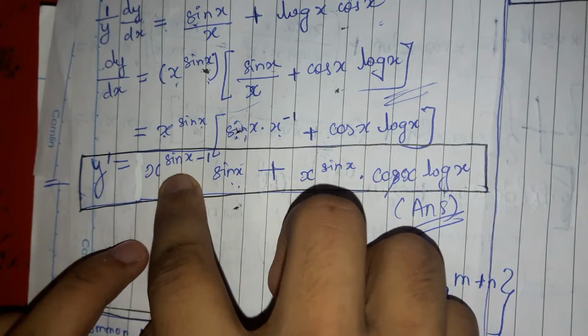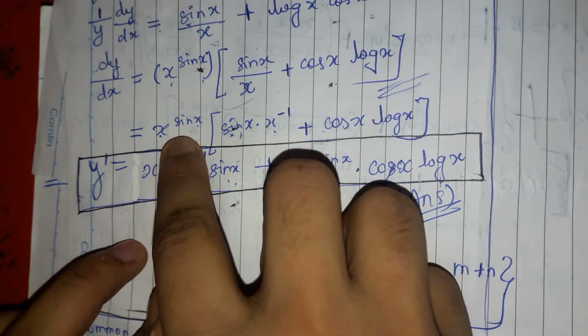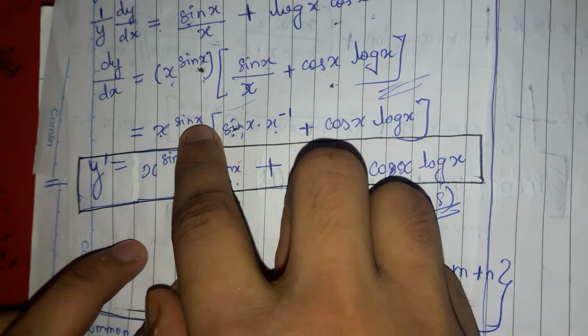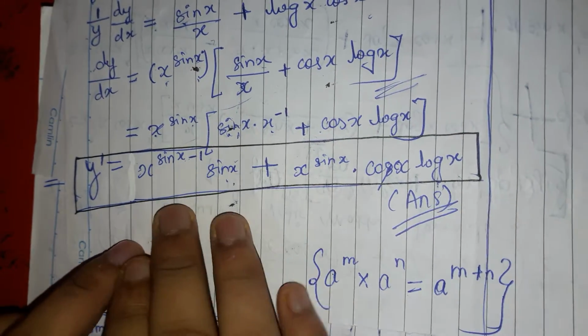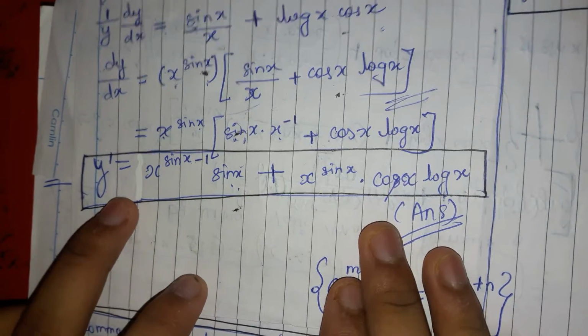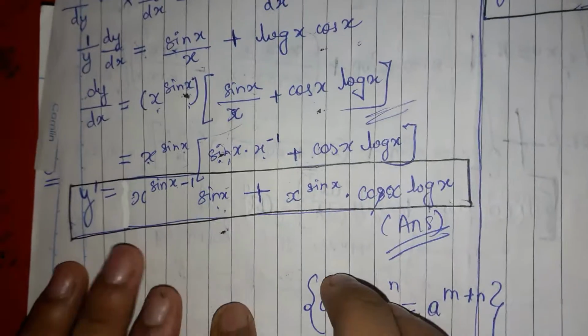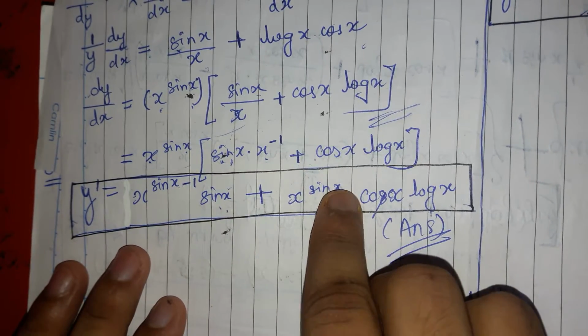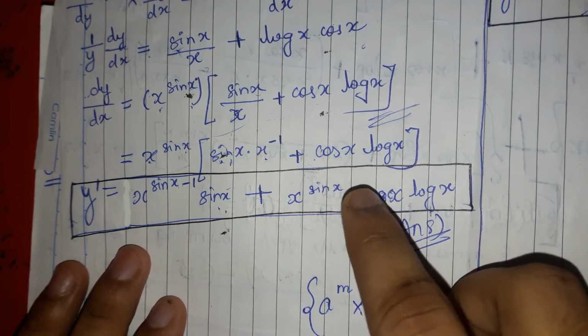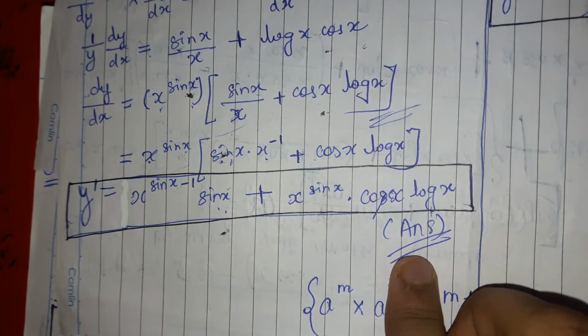So x to the power sin x into x to the power minus 1, the powers are added: x to the power sin x minus 1 sin x plus x to the power sin x cos x log x. This is the final answer.